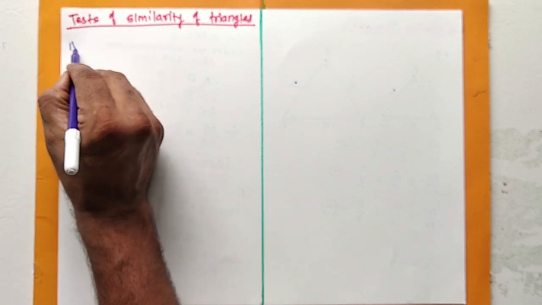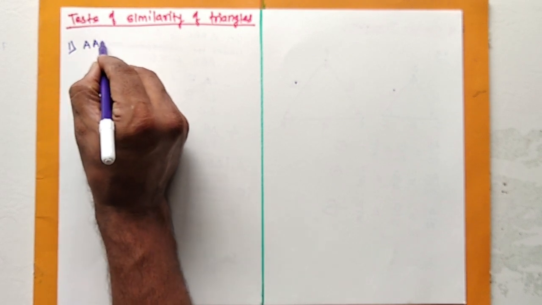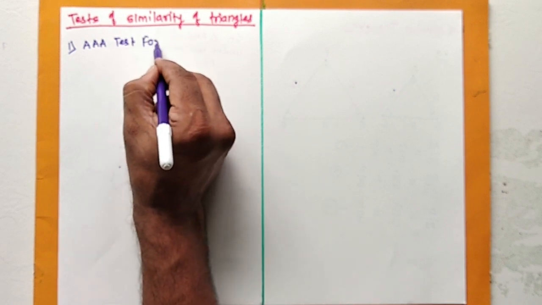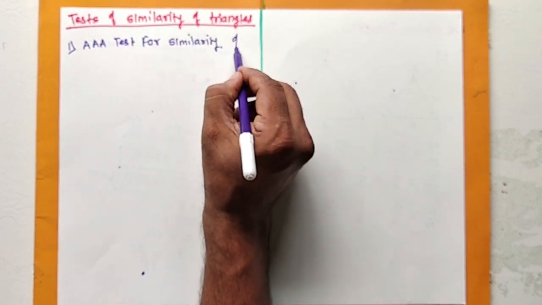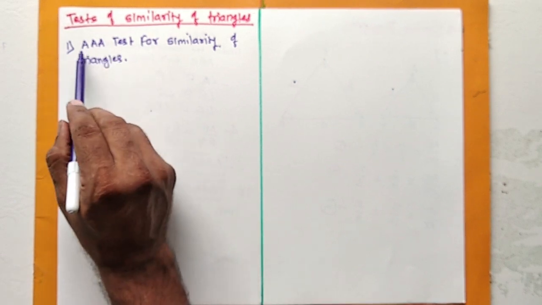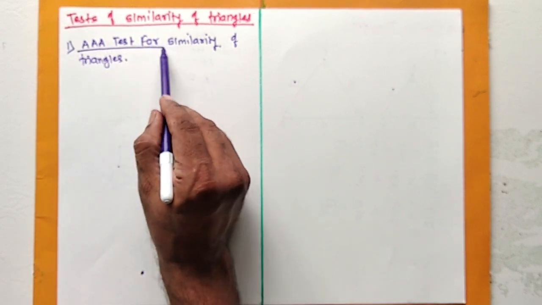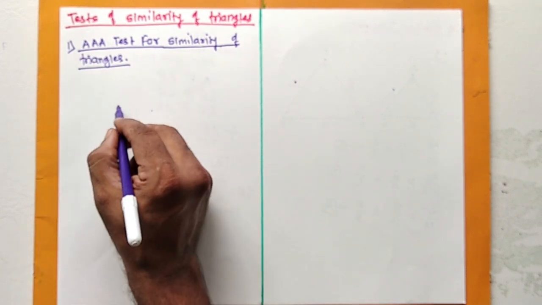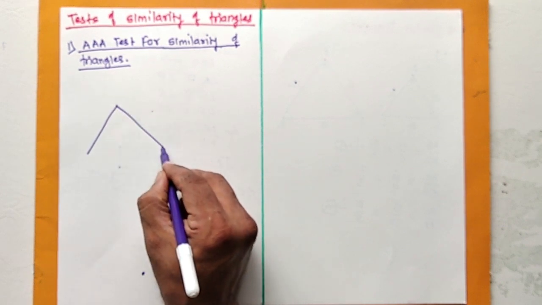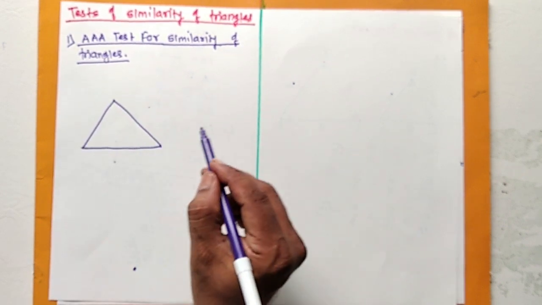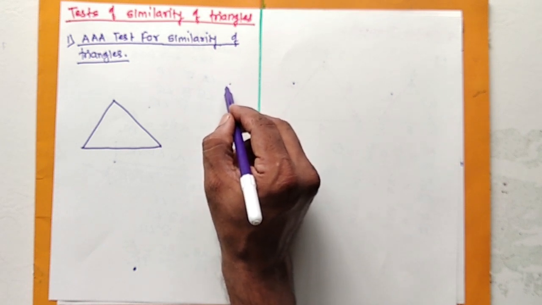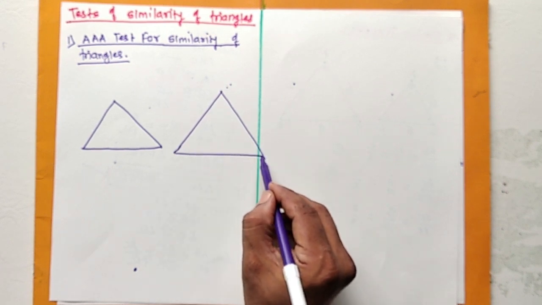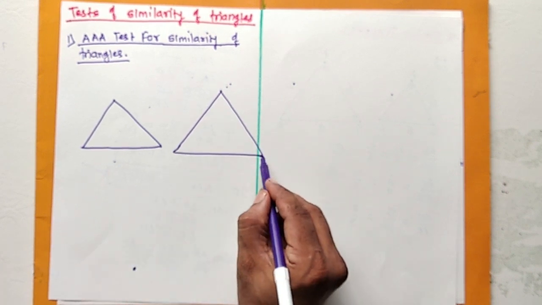Number 1, AA test for similarity of triangles: the angle test for similarity of triangles. This means in two triangles, if 3 angles of one triangle are congruent with the corresponding 3 angles of the other triangle, then the two triangles are similar.